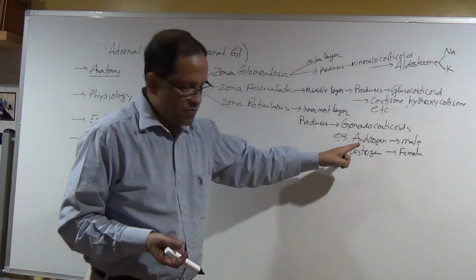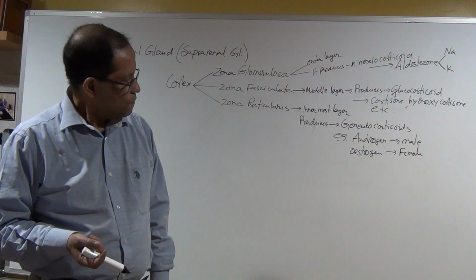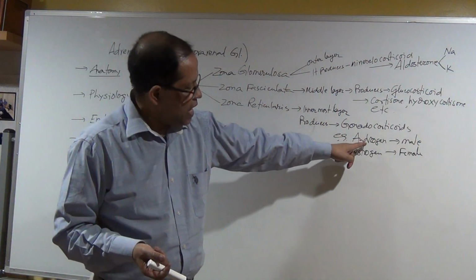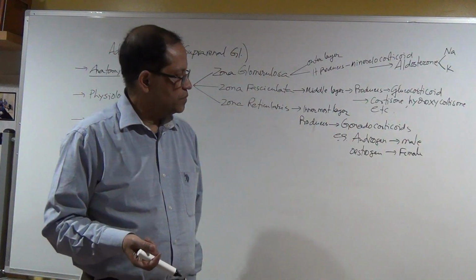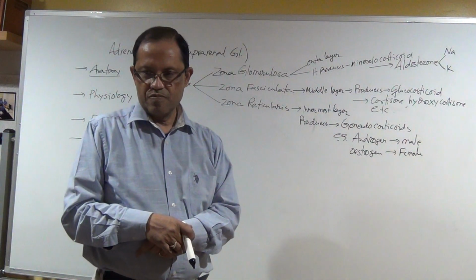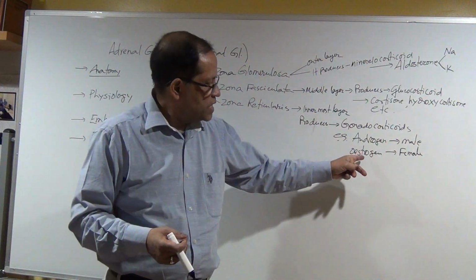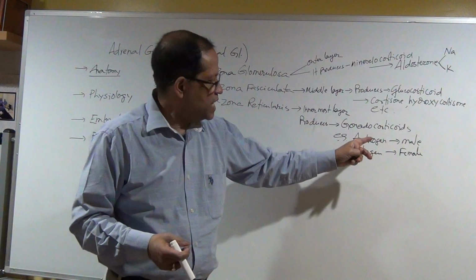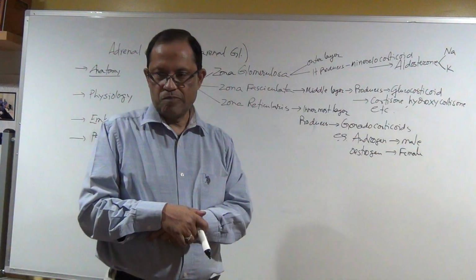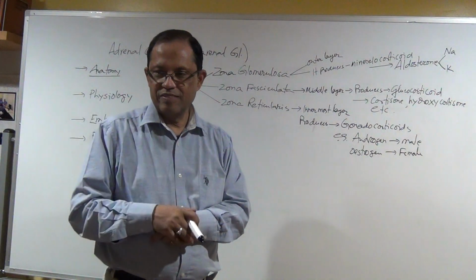Just understand, let me give you a little idea. I am a man, I have androgen, but I have also estrogen. So somebody is a woman, she has estrogen, right? But she has also androgen. But little.